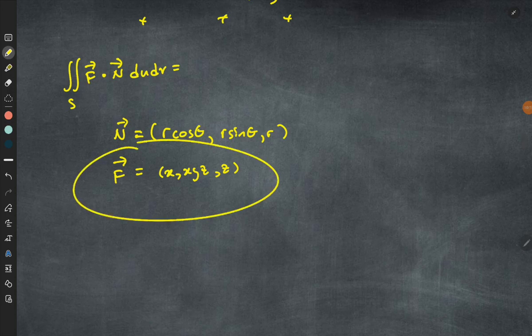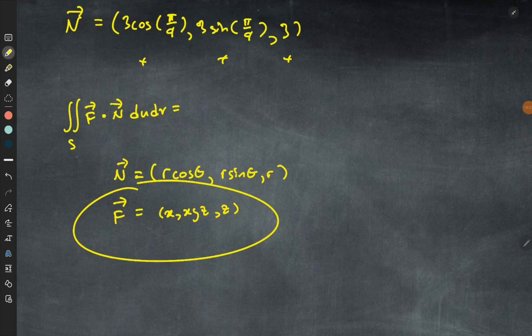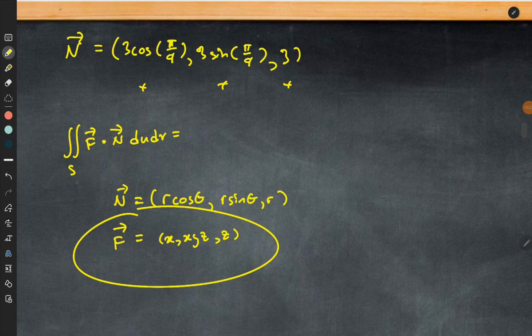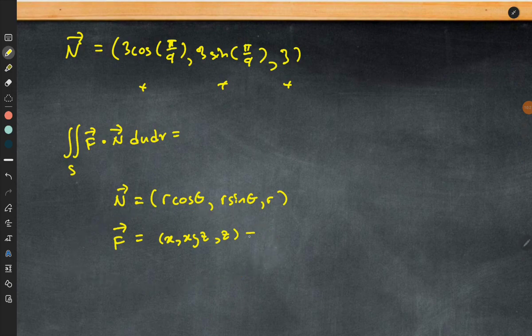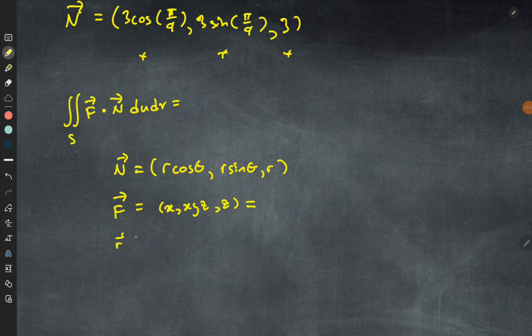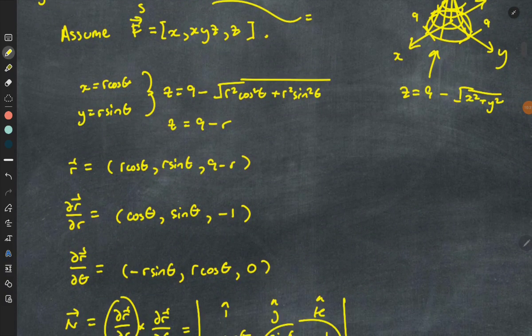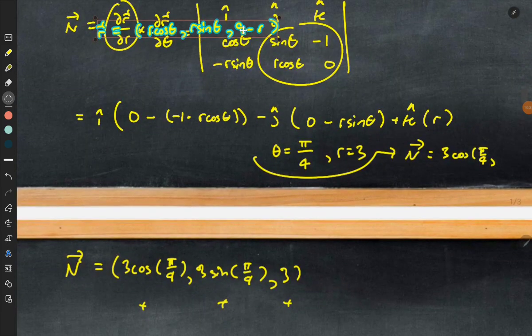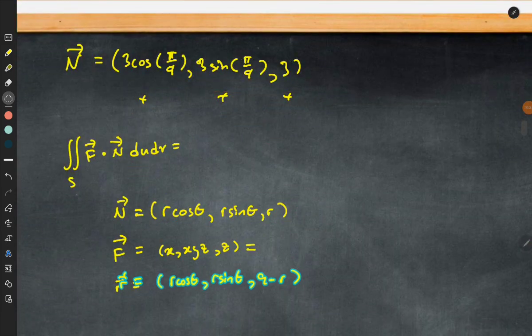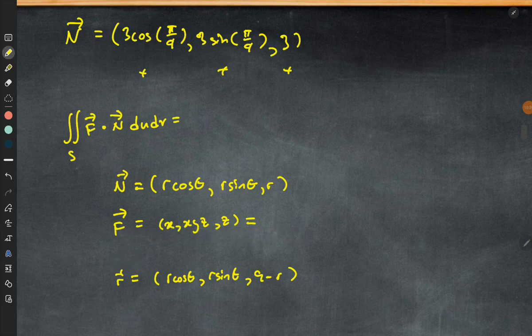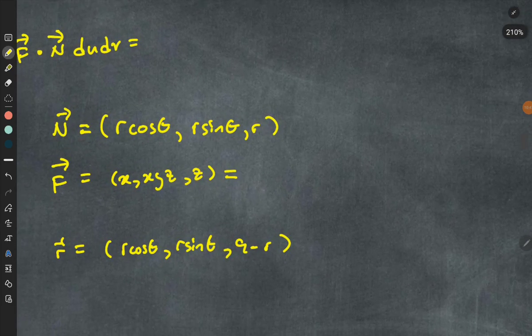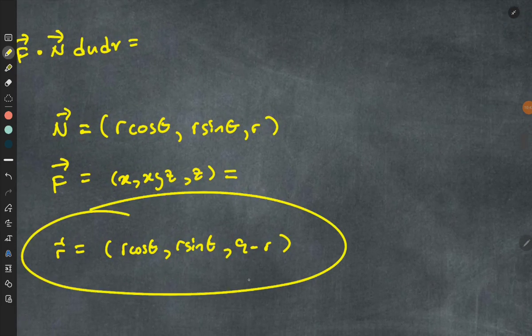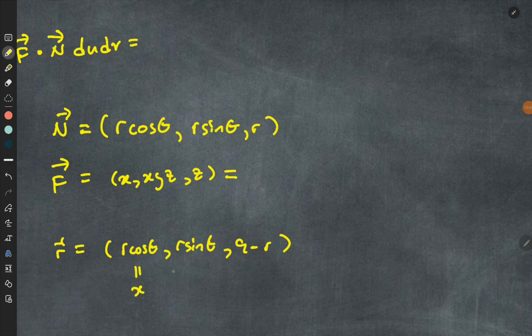This force vector isn't written in terms of r and theta, but we can only evaluate this integral with respect to those two variables. So we're going to rewrite our force field in terms of these. Remember how this is x, that is y, and that is z.